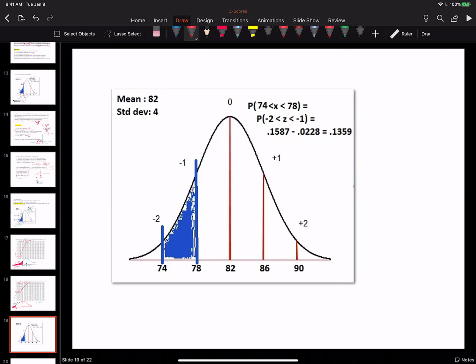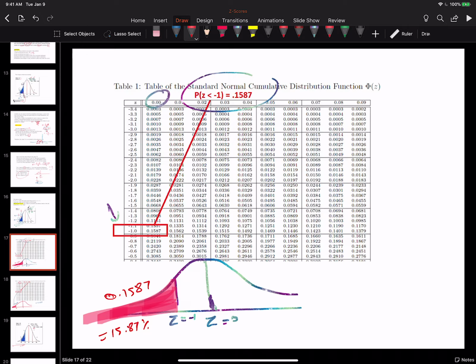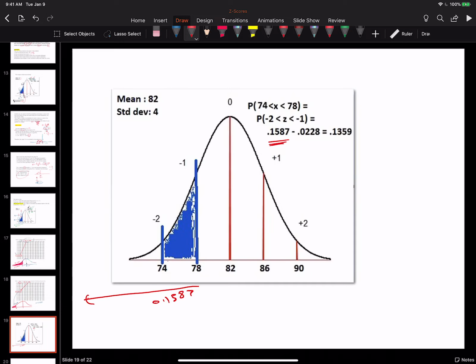Now let's combine both. If you remember the numbers, we have 0.1587, let me go back and see it, yes, 0.1587. And we have below 74, or below -2, as 0.0228.